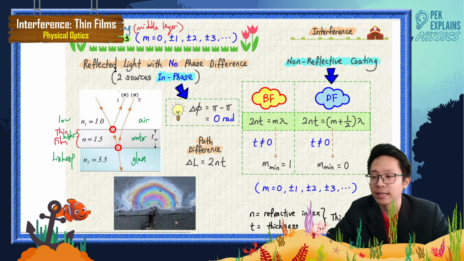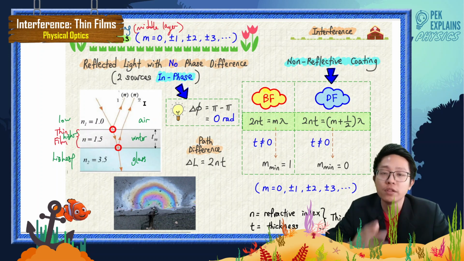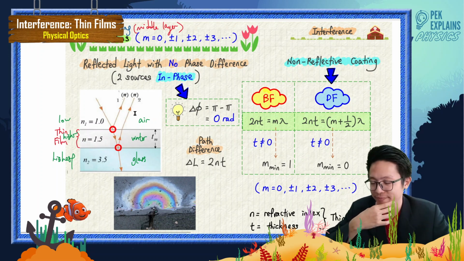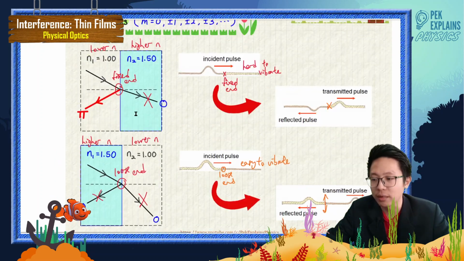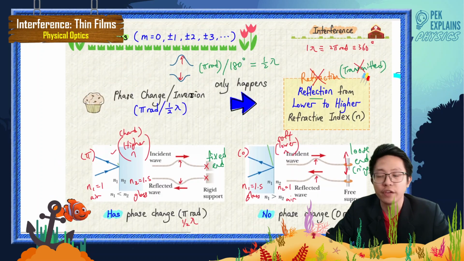The reflected light, you see this is the reflected light. They have no phase difference. These 2 reflected lights will be in phase. Why like that? Because of the phase change. You have to know about the phase change. It only happens during reflection from lower to higher refractive index.